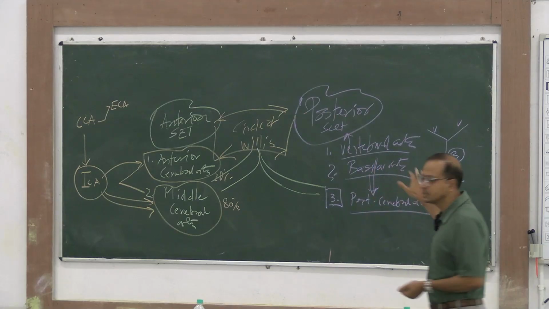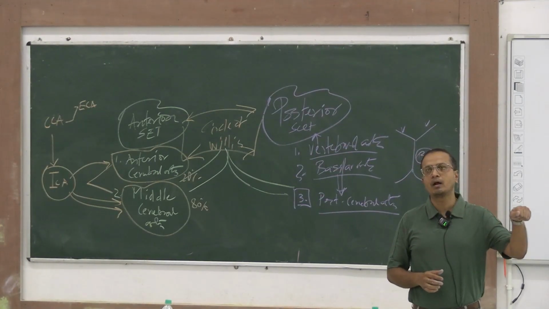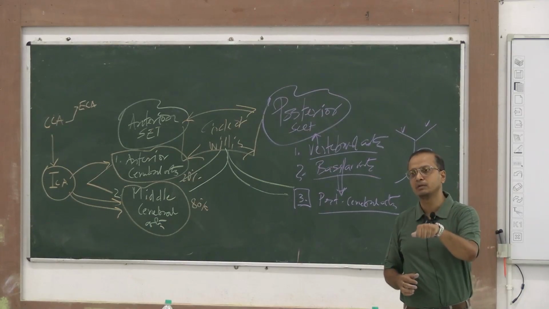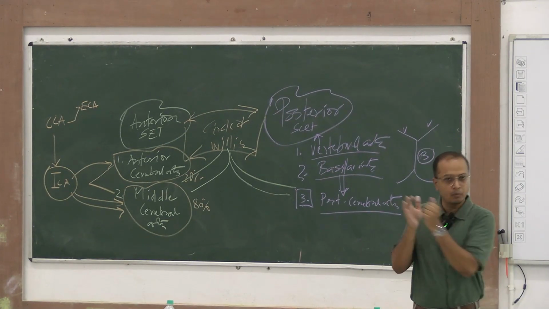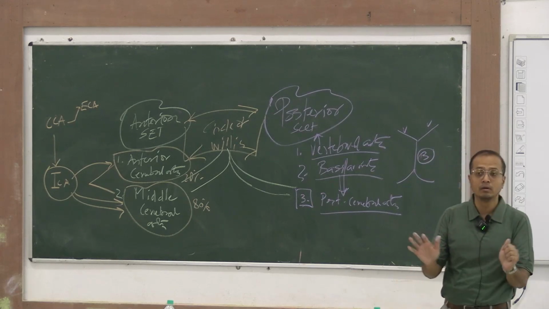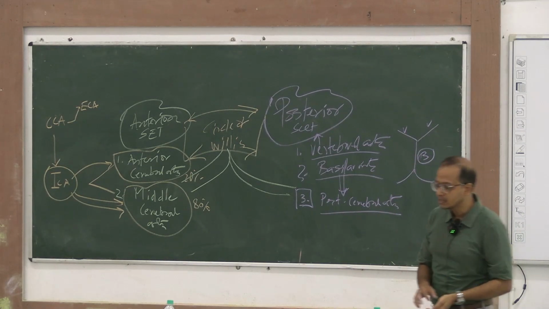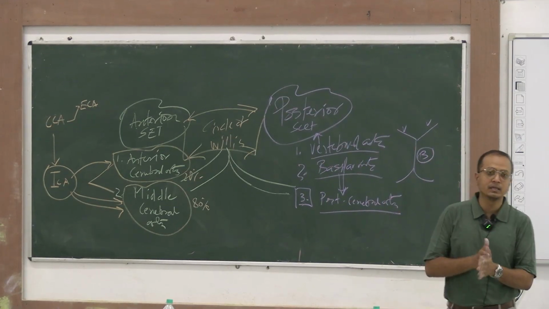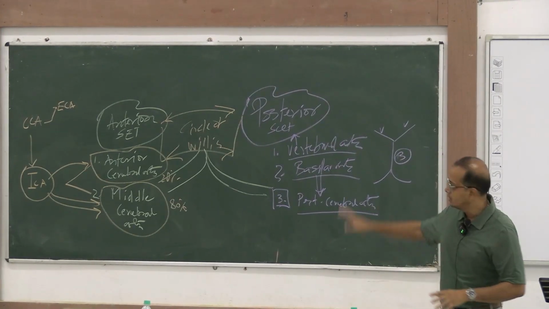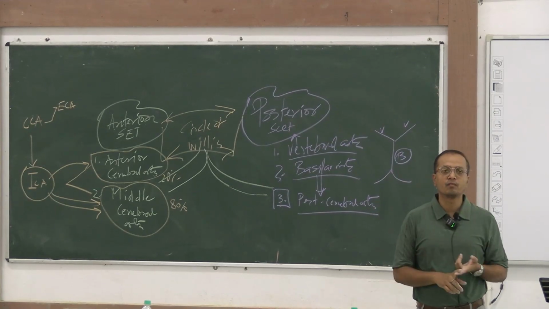Whatever is jotted over here regarding the blood supply, the anterior cerebral artery, middle cerebral artery, posterior cerebral artery, and what constitutes the anterior set and the posterior set of vessels, we are good. No more deep digging is required from here. Only the conceptual thing regarding the blood supply in the brain region we have to understand: anterior set, posterior set, and in between them bridging is the Circle of Willis.